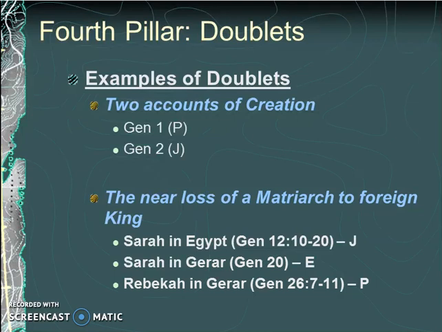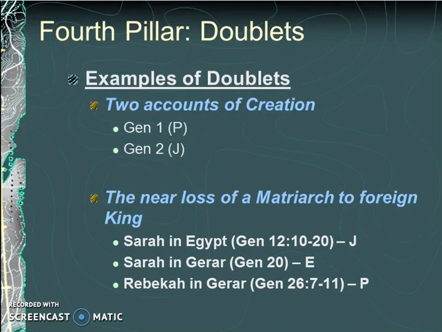It happens with Sarah in Egypt in Genesis 12. It happens with Sarah in Gerar in Genesis 20. Genesis 12 is with Pharaoh. Genesis 20 is with Abimelech. But it also happens with Rebekah in Gerar in Genesis 26.